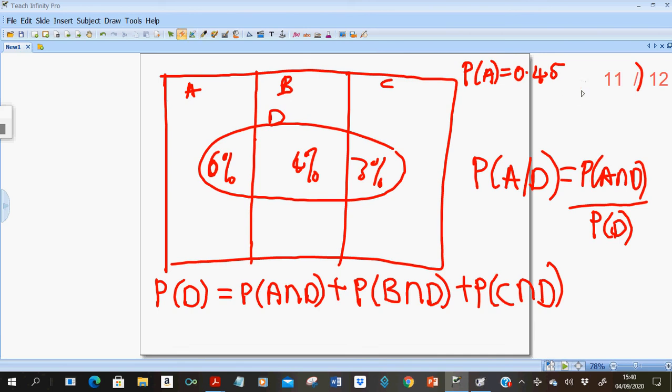Then let's just put the probability of B is 30%, which is just 0.3, and the probability of C is 25%, which is 0.25.